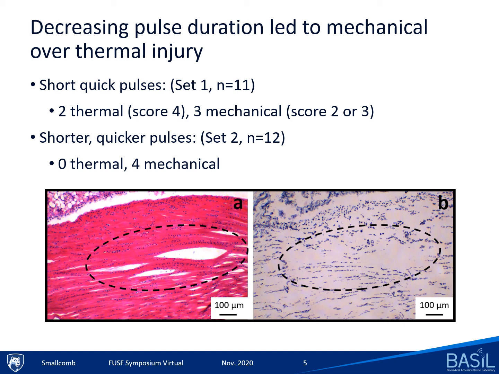So here's an example of a score of 2 in these images where we see this localized separation of the fibers, but no coagulative necrosis or distinct cell death of the nuclei.